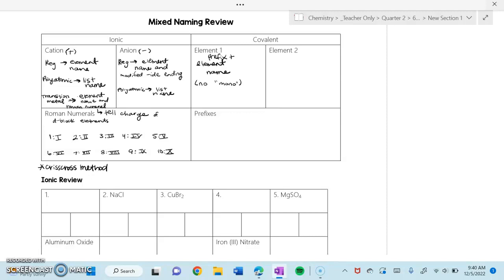For element 2, again, we do the prefix for how many, and then we have our element name modified. And for element 2, you can use all of the prefixes.